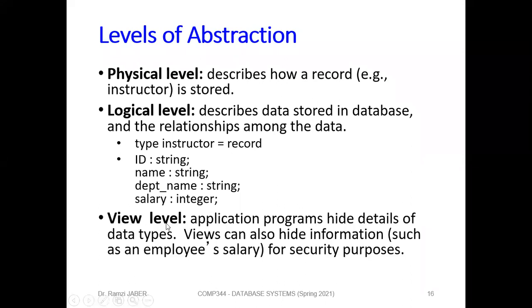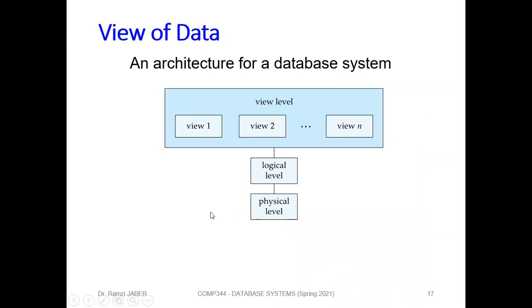The view level, at the top, hides details of data types. A view can also hide information such as employee salary for security purposes. So in the architecture of a database system, the top level is the view level. We can have many views, then the logical level, then the physical level.